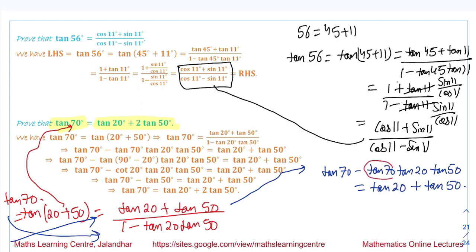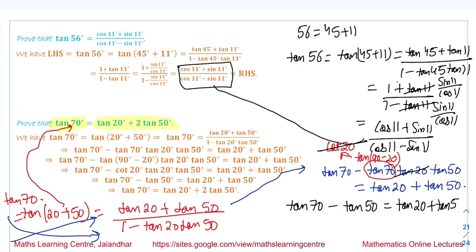Now look at this value over here, it is tan 70, we can write it as tan of 90 minus 20, and tan of 90 minus 20 means we are talking about cot of 20. Now this cot of 20 and tan of 20 get cancelled, so what we are left with is tan 70 minus tan 50, that is equal to tan 20 plus tan 50.